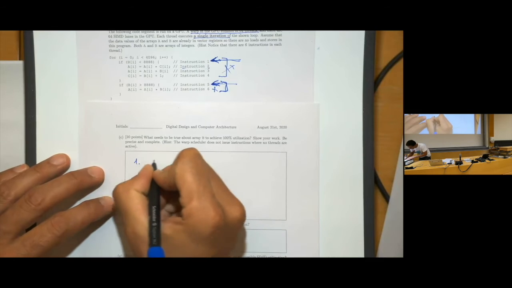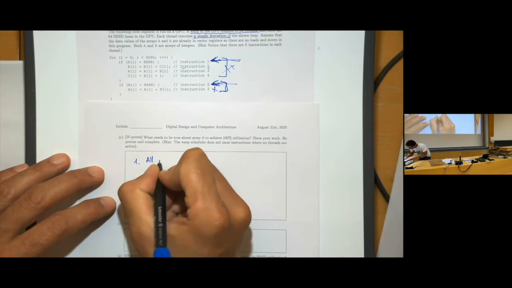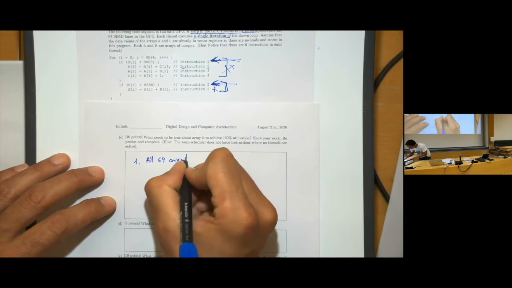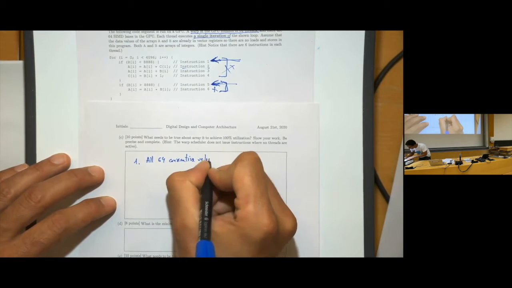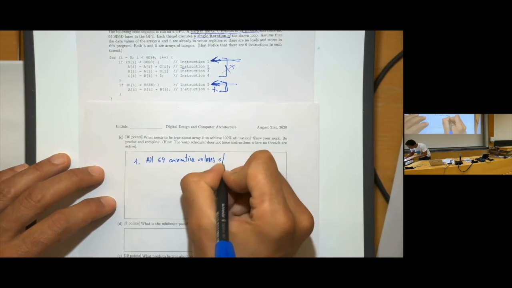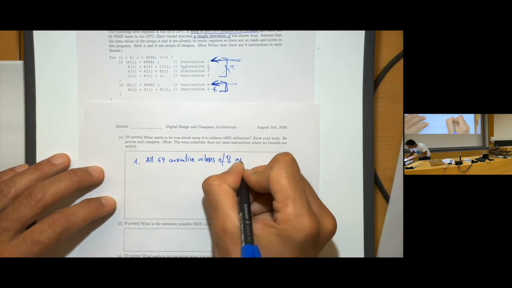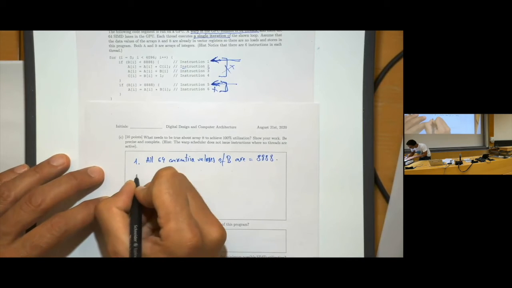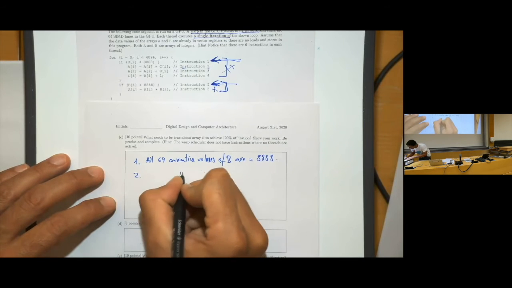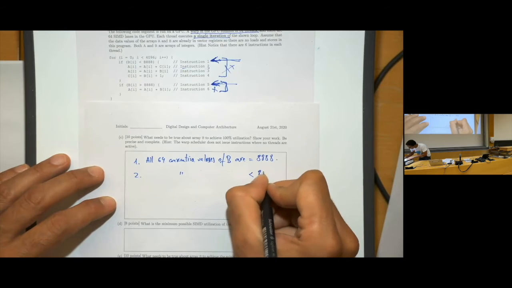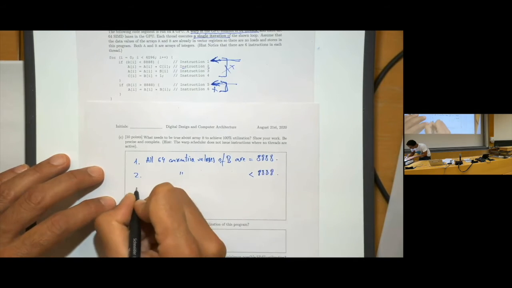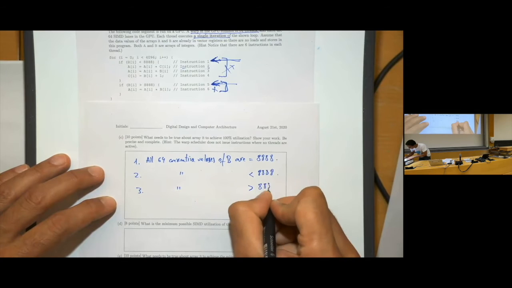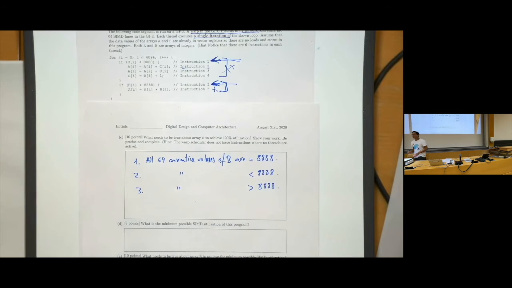The first one is all 64 consecutive values of B are equal to these, or all of them are less than this number, or all of them are greater than this number.